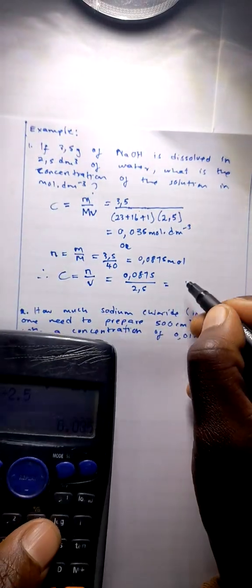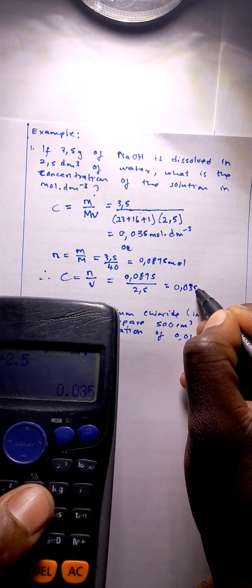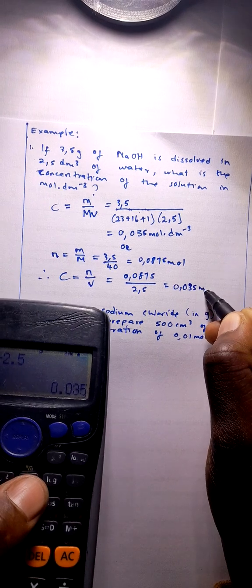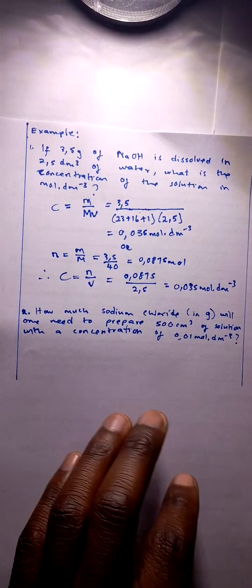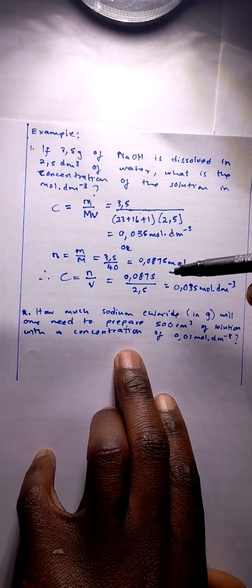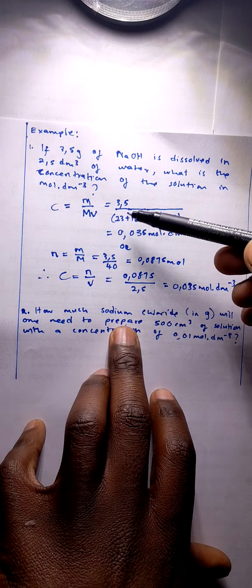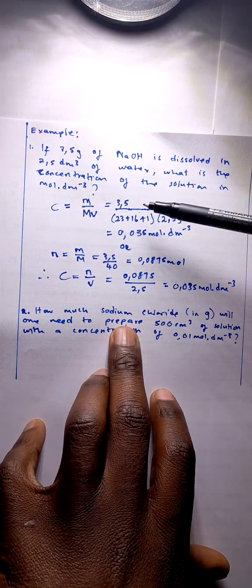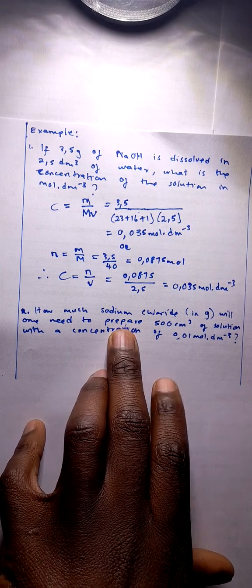Okay, the answer is 0.035 mole per cubic decimeter. See, it is the same answer, but now this is a long route, so rather use what is given to you, which was a mass there and the volume, and you can get the molar mass. You see, in 3 steps you can get this.